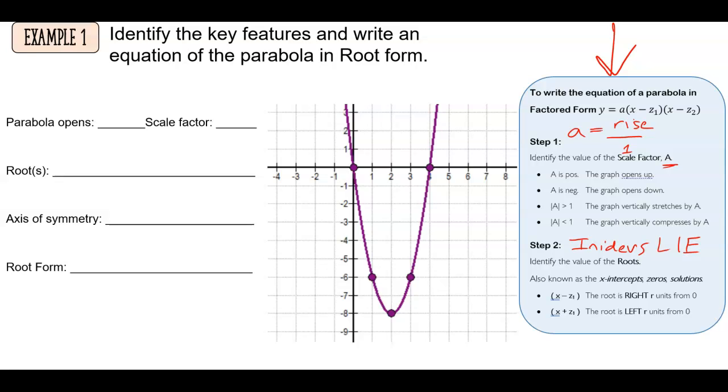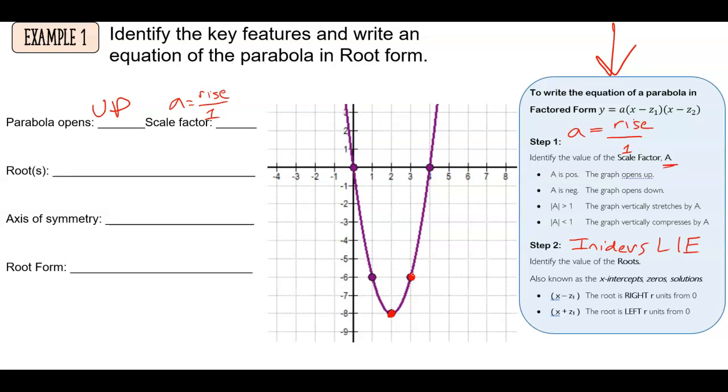Does this open up or down? It opens up. All right, write that down. Because it's going wider, forever, up and up and up. Now, scale factor. This is very important. Is everyone looking in? Okay, scale factor is your A. It's your rise over 1. So I'm going to pick that bottom vertex, and I'm going to pick the one to the right of it over 1, and I'm going to count the rise over 1.